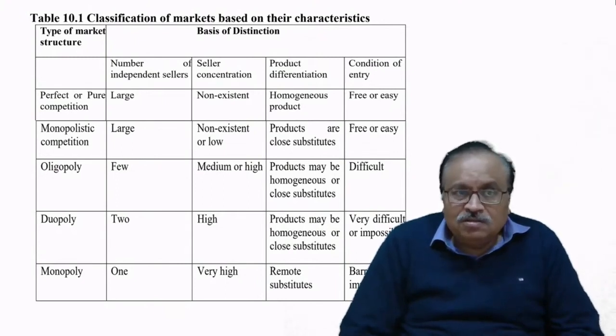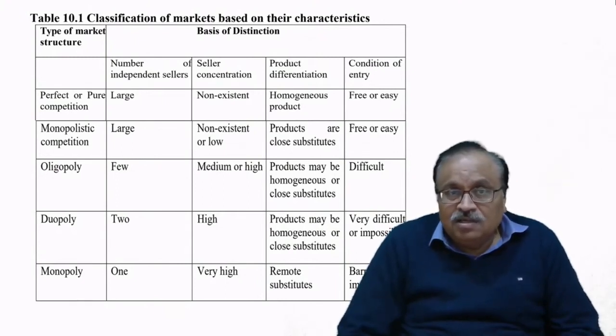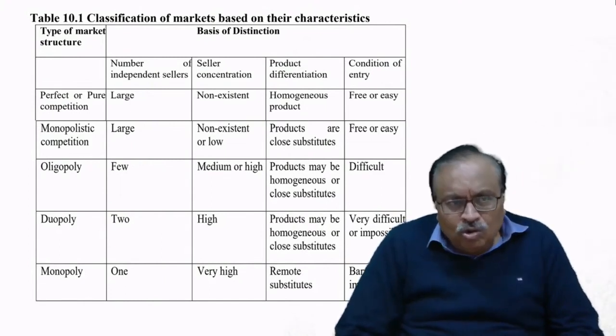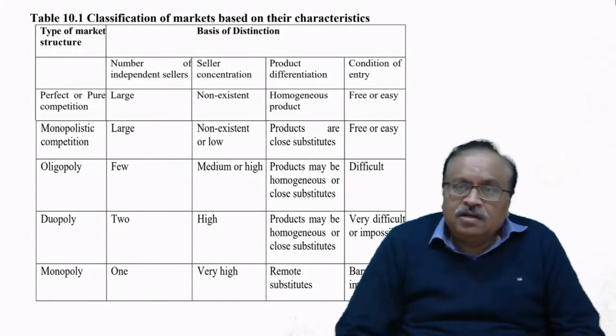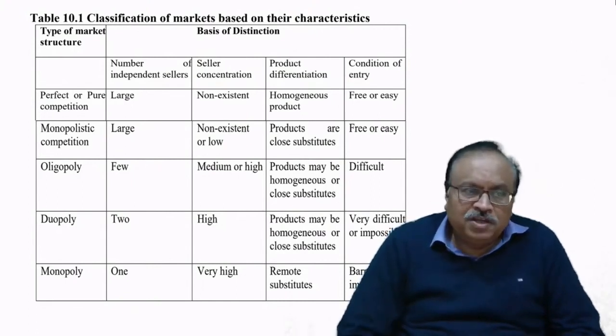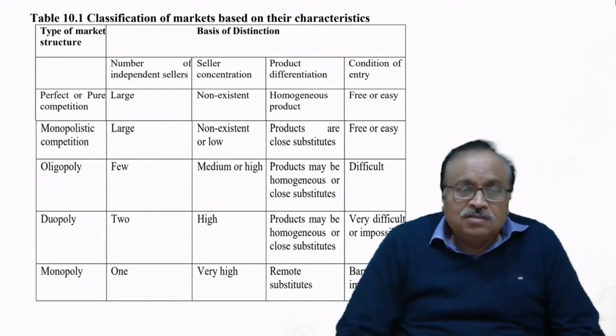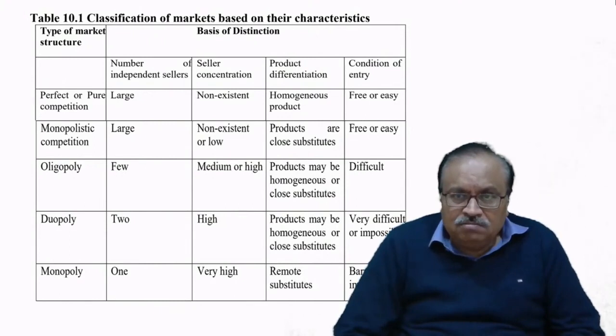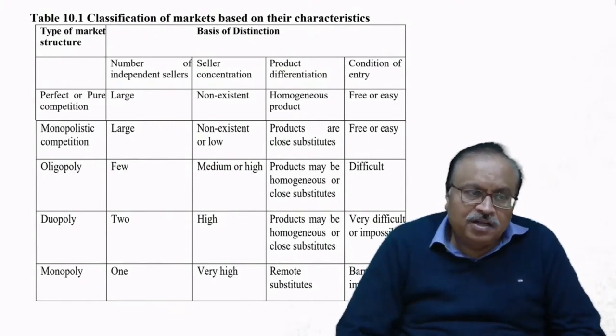Monopolistic competition: the number of sellers is large, but seller concentration is non-existent or low. Products are close substitutes, and condition of entry and exit is free. Oligopoly: sellers are few, seller concentration is medium or high, products may be homogeneous or close substitutes, and condition of entry is difficult.